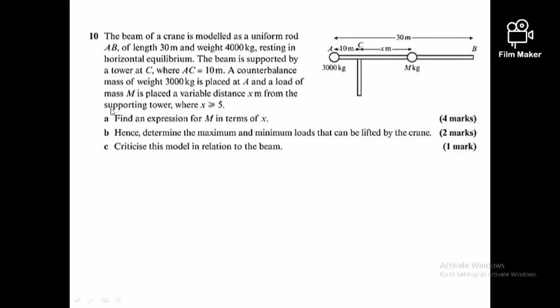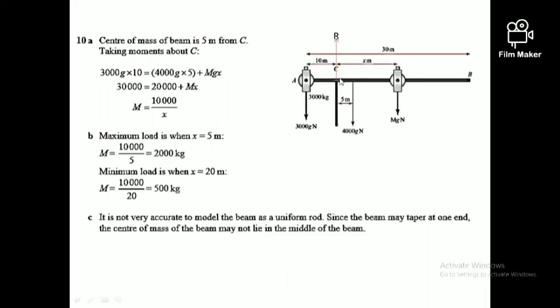X from the supporting tower, where X is greater than 5. So obviously you have to keep this mass at a distance of more than 5 meters, right? Find the expression for M in terms of X. Let's see how to do this question. Here the reaction is R, I just mark it. Here the weight is 300 G, here the weight is 4000 G, and here the weight is mg, right?